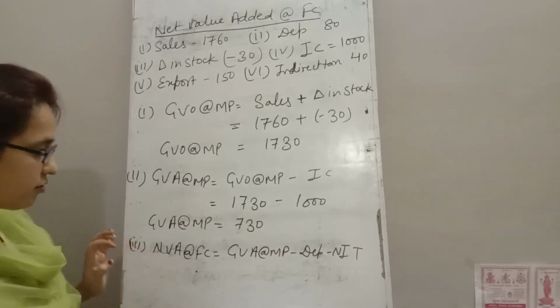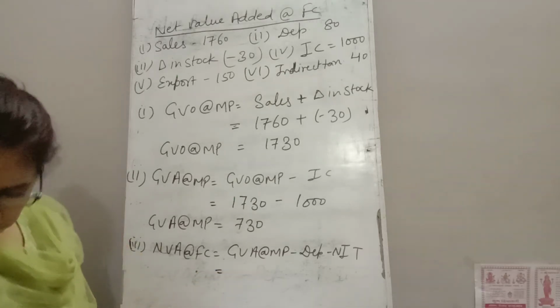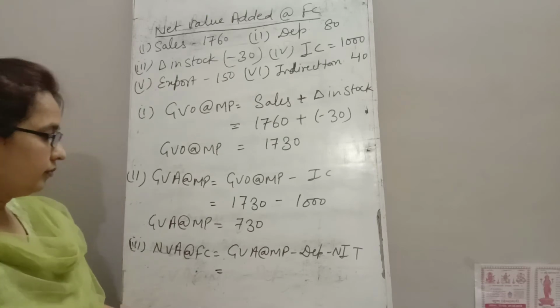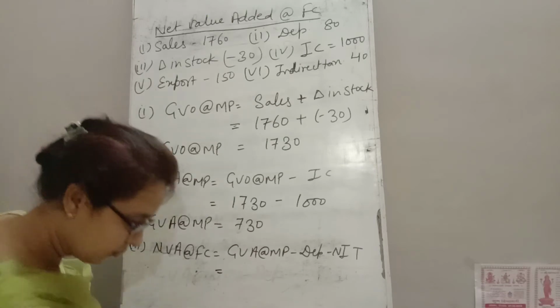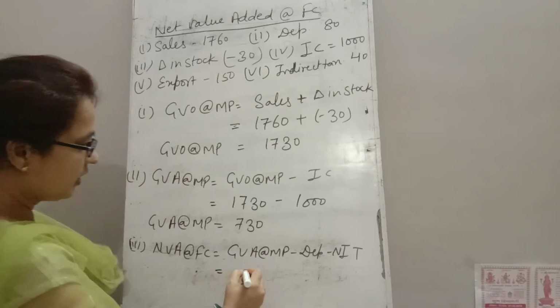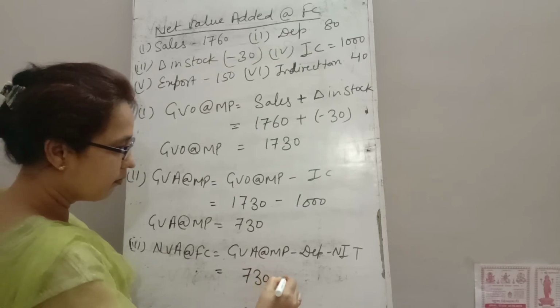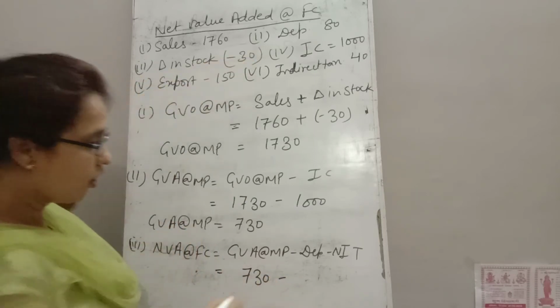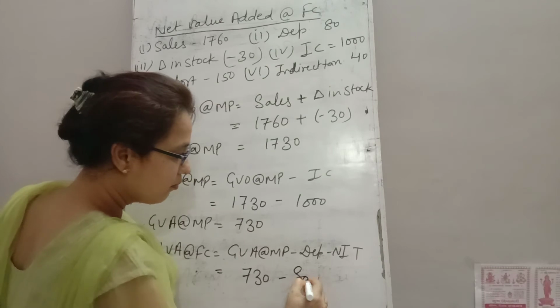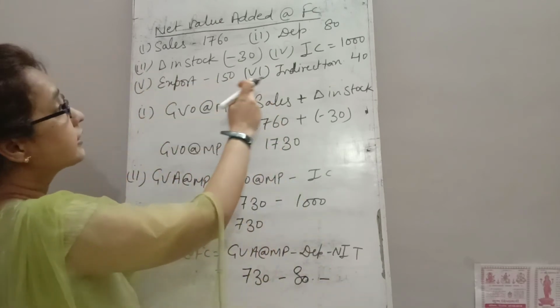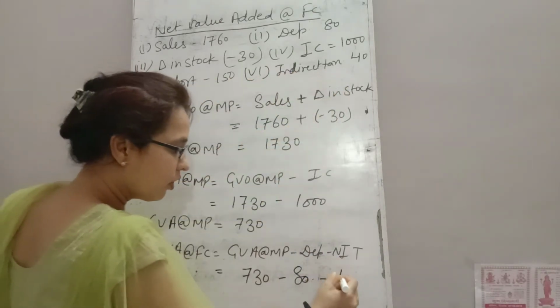Now, what do we have to calculate? NVA at the rate of FC. GVA at the rate of MP, that is 730, minus depreciation. How much is it given? 80, minus net indirect taxes. How much is it given? 40.